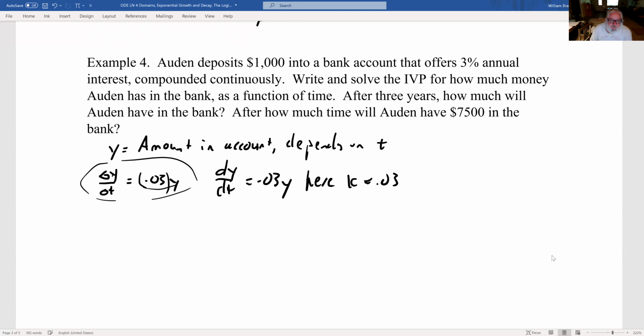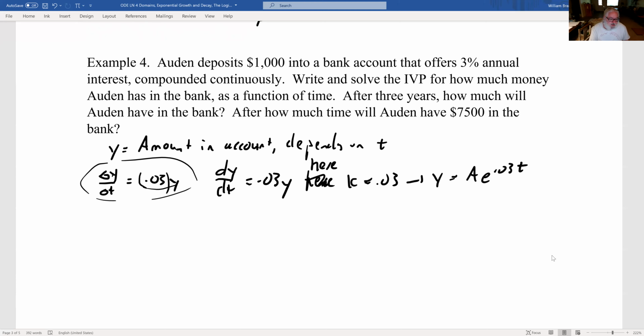Here, k equals 0.03. So y equals some initial amount times e to the 0.03 t. Great. So that's the question. What is a?